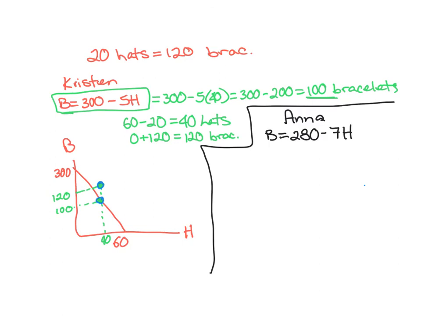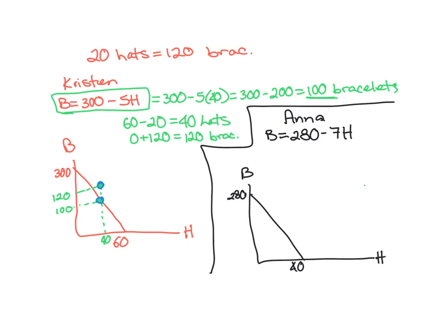Right? So when we graph that, hats and bracelets, at most 280. And then the most hats she could make in a week is 40. Okay, so that was from earlier in the problem solution.